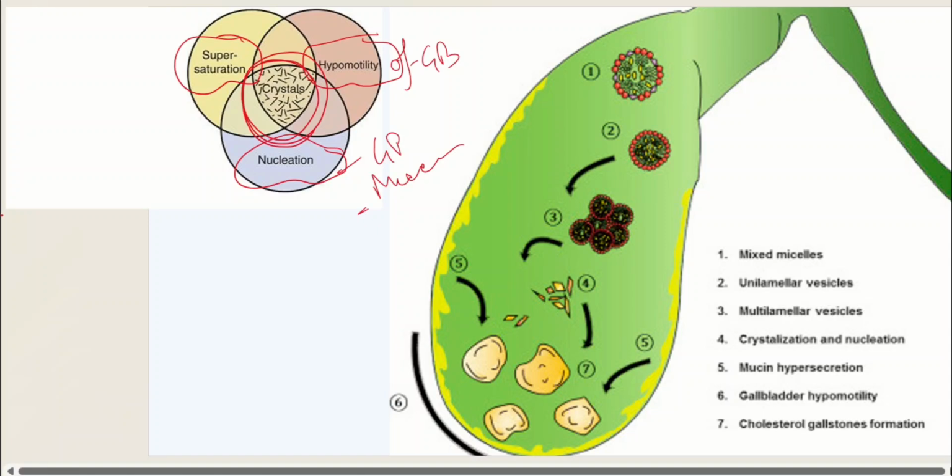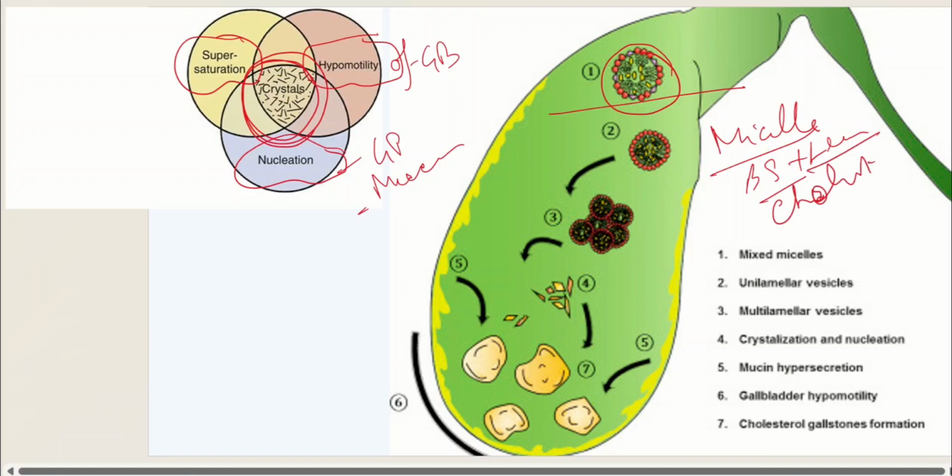So on the right side diagram, the first diagram you can see, this is the micelle. What is a micelle? Micelle is bile salt plus lecithin with cholesterol. So when the cholesterol amount increases, the micelle may be unstable.